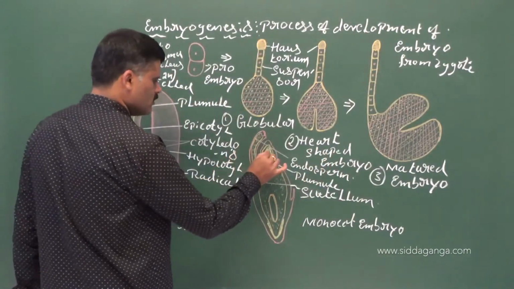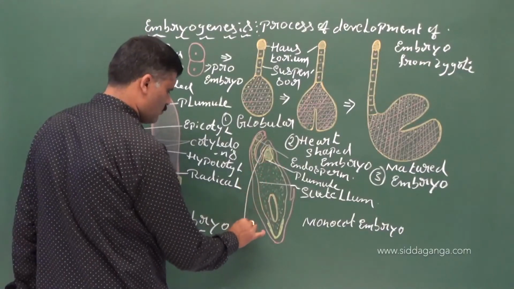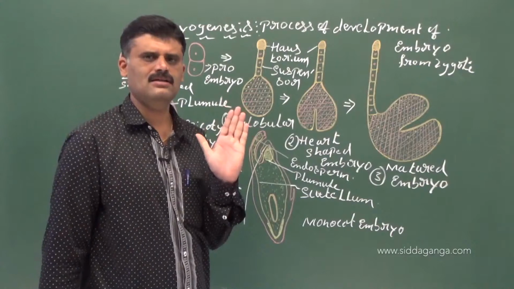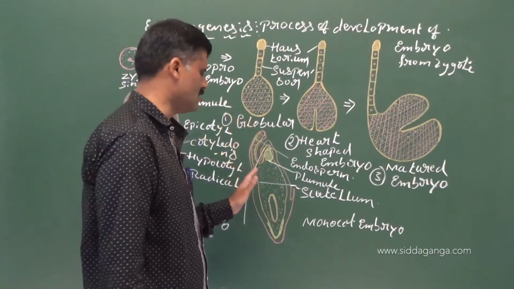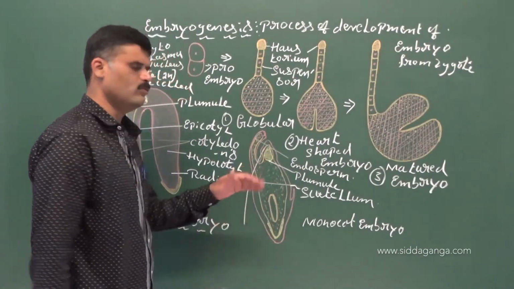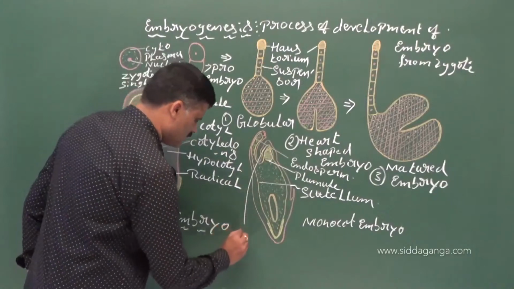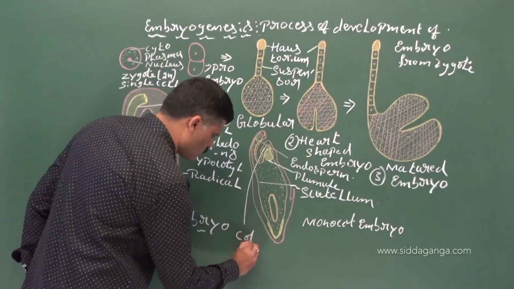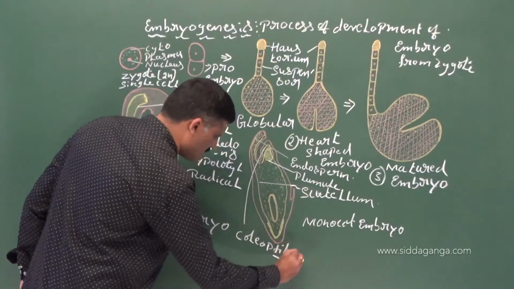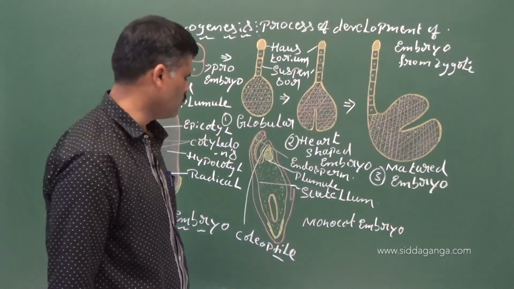But the plumule here is covered by an extra protective sheath because it contains only a single cotyledon, the shield-shaped cotyledon called scutellum. The plumule is protected by a sheath called coleoptile, which protects the plumule.